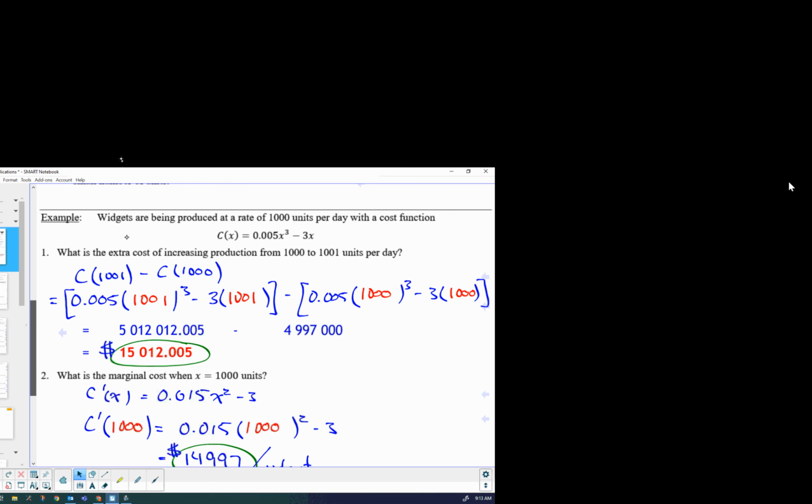So it's a cubic function, so cost is going to go up and down depending on how many things you're making. It's actual, but keep in mind, this cost function is always an approximation. It's not 100% accurate, but it gives the business an idea of what's going to happen.